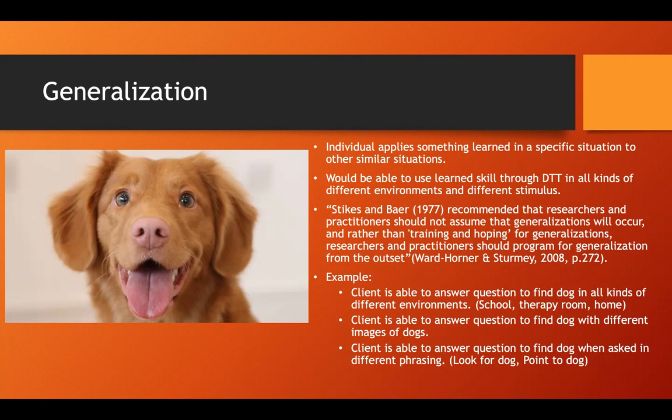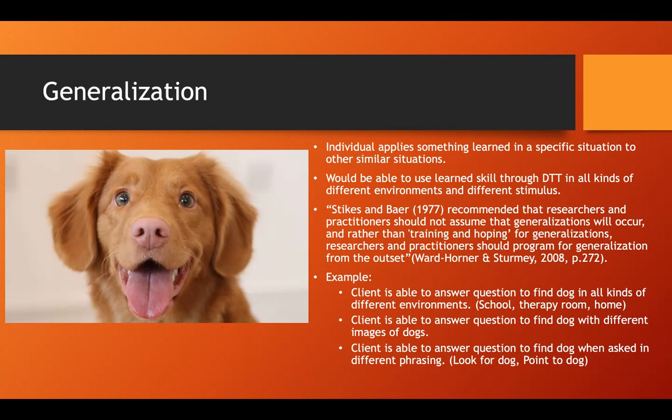So the client would be able to use a learned skill through DTT in all kinds of different environments and with different stimuli. Stokes and Baer recommend that researchers and practitioners should not assume that generalization will occur, and rather than training and hoping for generalization, researchers and practitioners should program for generalization from the onset.